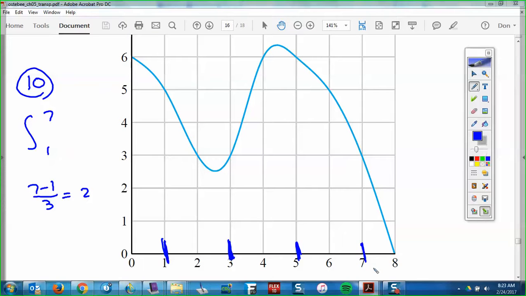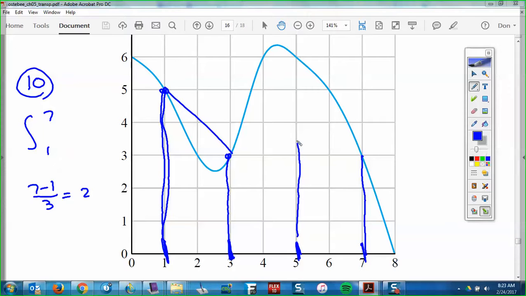That's the most important thing, you divide it up into your subintervals. From 1 to 7, we're looking for this area right there. First trapezoid, you go to the left edge, you go to the right edge, you connect. Now you didn't have to draw these, but because we seem to be questioning a little bit on the drawing, left edge here, right edge here, connect it.